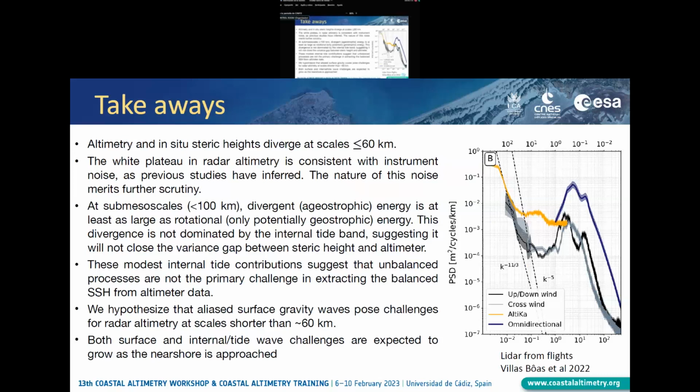These are measurements from lidars flown just north of our site, maybe a year after or so. And the statistics of it are quite similar where we have the same overlap region, very low power, a very steep drop off that's diverging quite fast from altimeters, even where you would think altimeters should still be pretty good.